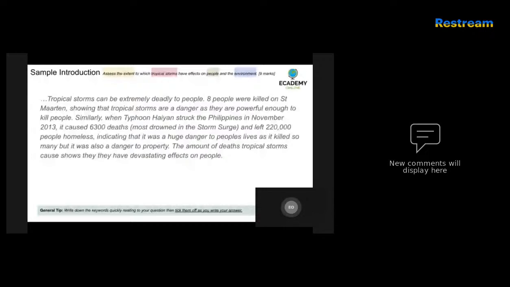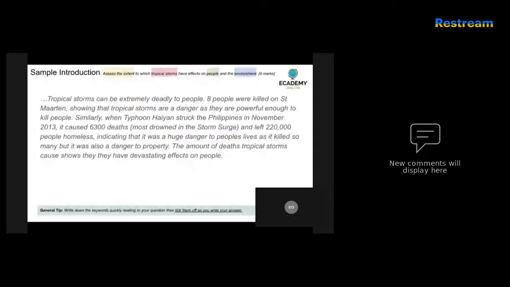Also indicates that this was a danger to property, not just to people dying, but also to wider long-term impacts. So if the candidate would write like this for the environment, then the same would apply. If they carried on writing like this, this would be in the top band category.